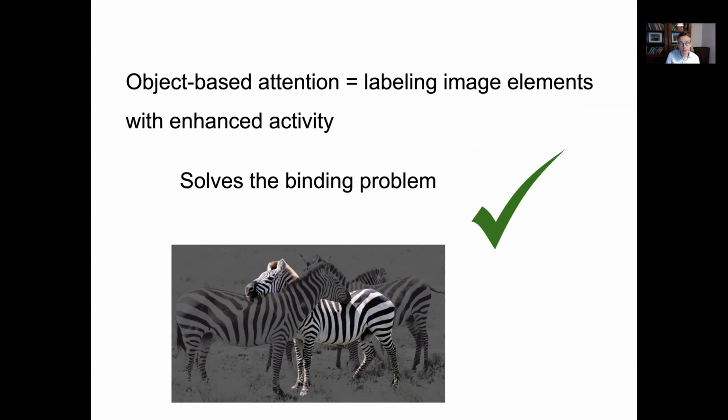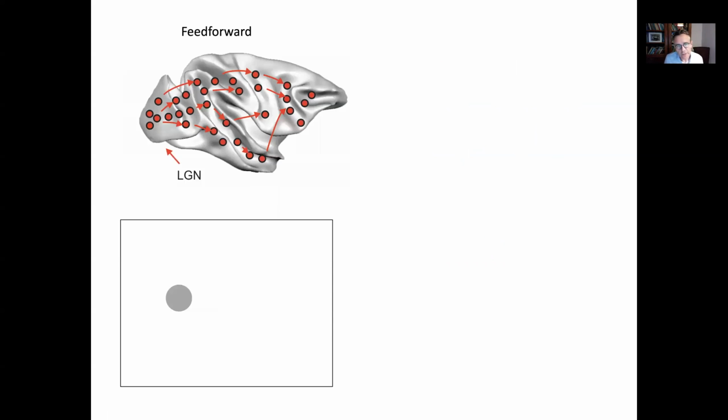And I would like to propose that this mechanism can solve the so-called binding problem. Now it's also interesting to compare the results in the first part of my presentation, where I suggested if there is just a simple contrast detection task, V1 acts as a relay station. It sends the information to higher areas, and it's the higher areas that determine whether it's going to be ignition or not, whether a stimulus reaches conscious perception or not.